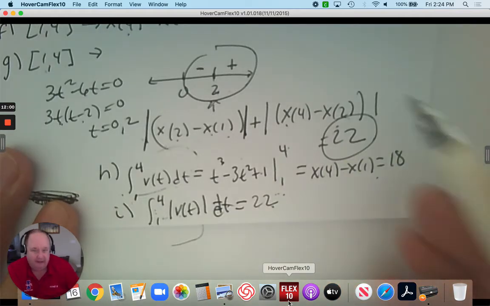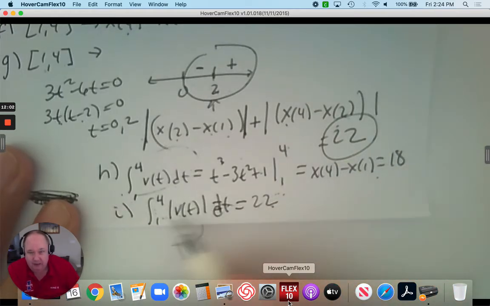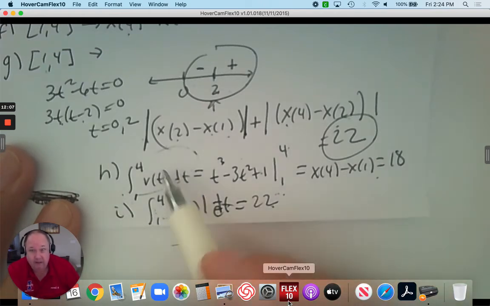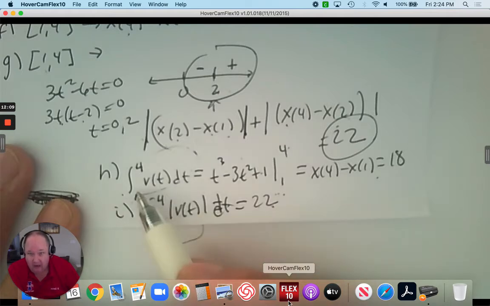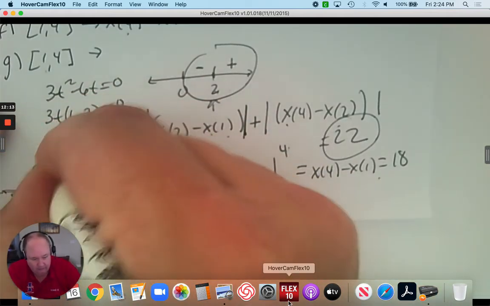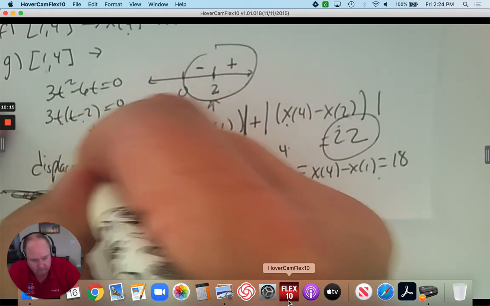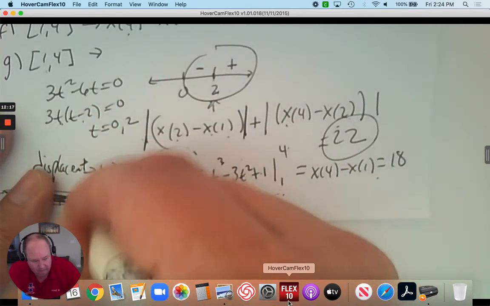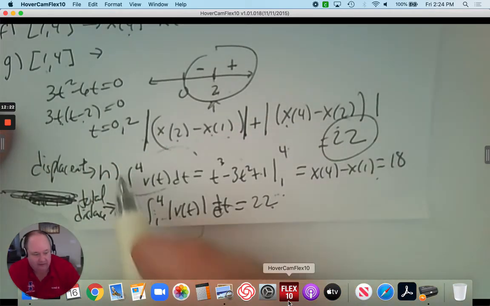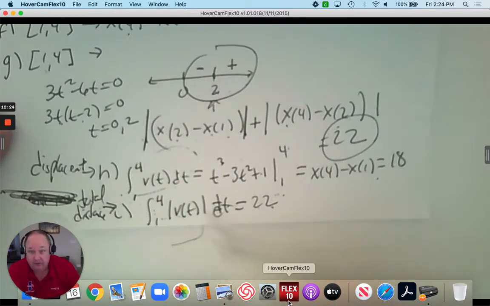So that was the connection. The absolute value of velocity when you integrate gives you total distance. If you just integrate velocity, not absolute value, it gives you displacement. So this one is displacement. This one is total distance. And it's a lot quicker, better way to actually get displacement and total distance if you have a choice.